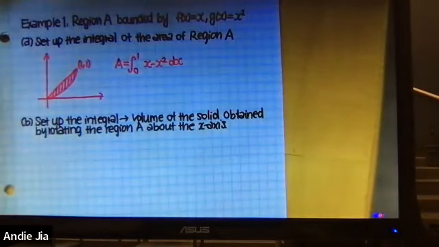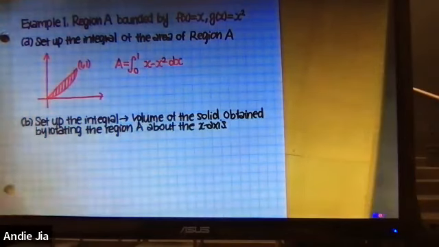So it's the same region, but we have the x-axis and the y-axis. So that would be different.